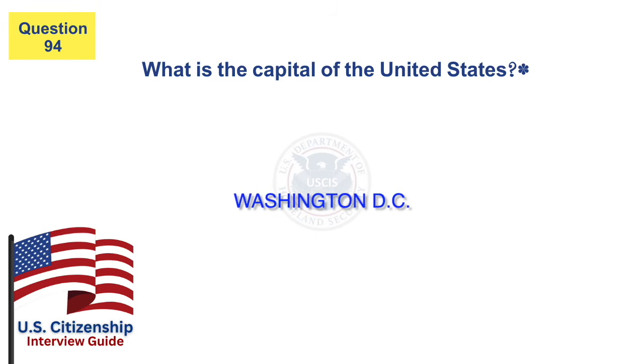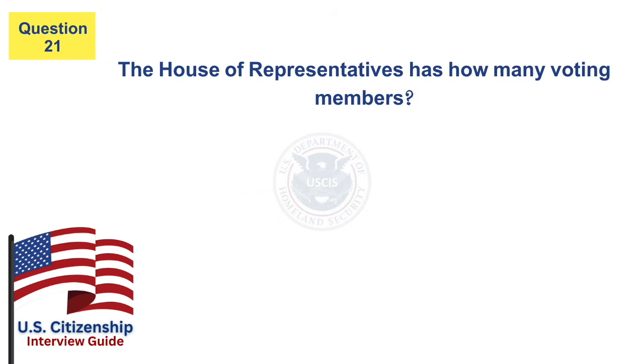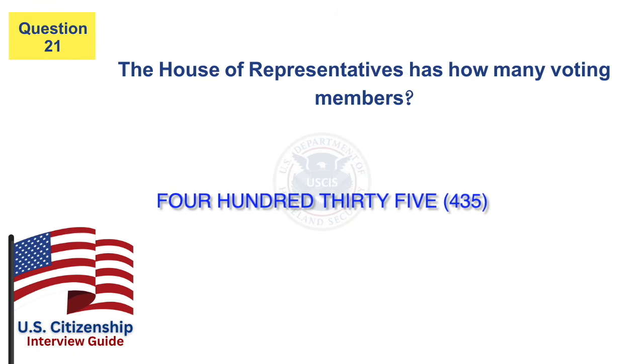Washington, D.C. The House of Representatives has how many voting members? 435.